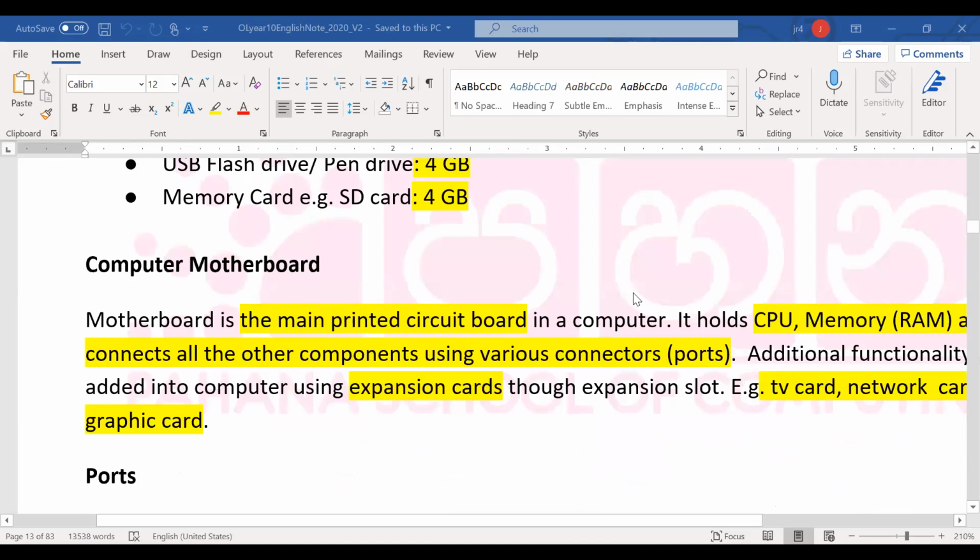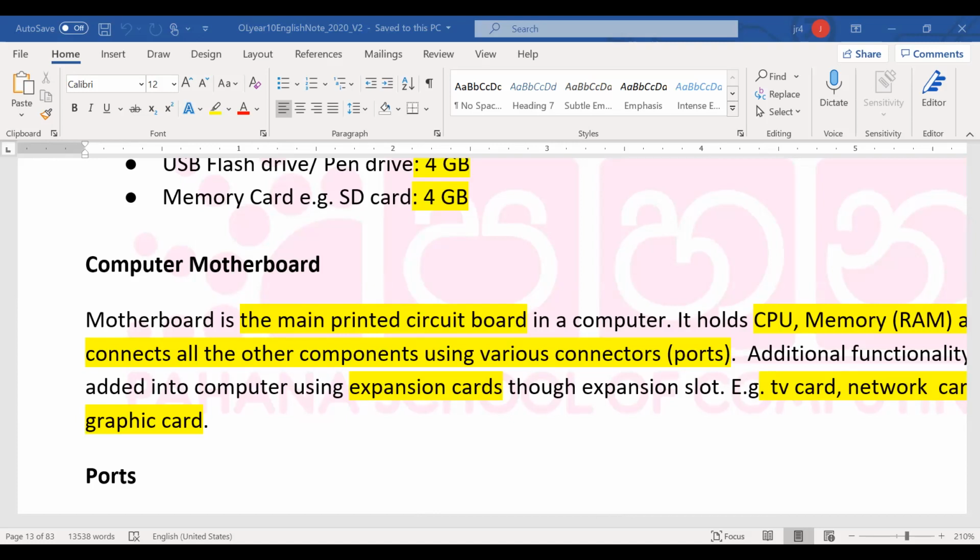Right. Next, we have to talk about the motherboard. We already know the motherboard. It connects everything together.